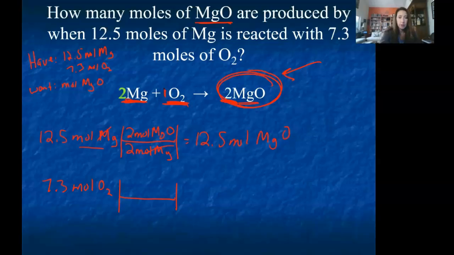There's a 1 here, 1 mole of O2. So we're just doing the same thing twice. Nothing new. 2 moles of MgO. Again, that 2 came right from here. And we do this, we get 14.3. No, 14.6. I can multiply.